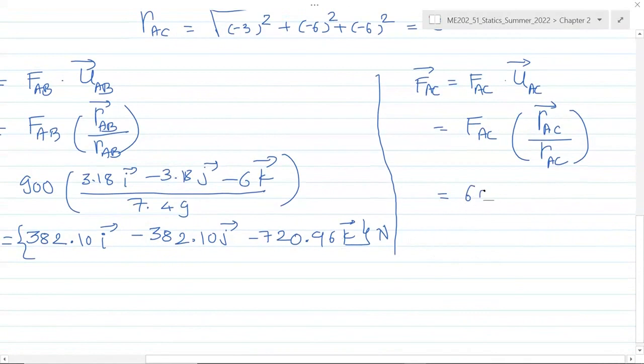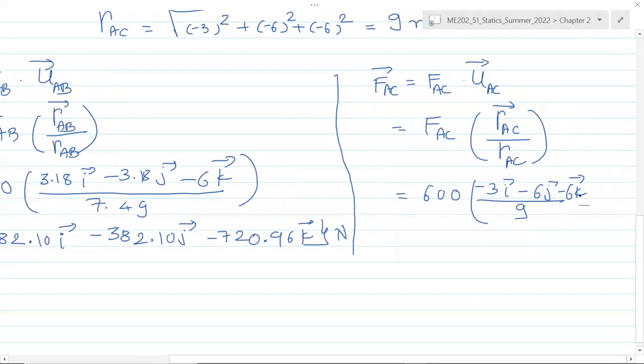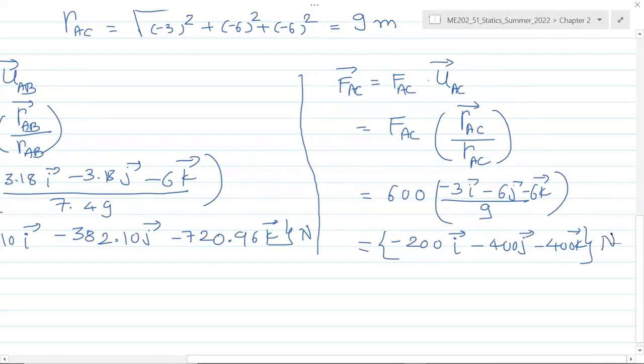So it's 600 newtons multiplied by rAC divided by rAC, which is minus 3i minus 6j minus 6k, divided by its magnitude, which is 9. After multiplying these components, we get the vector for AC as minus 200i minus 400j minus 400k.